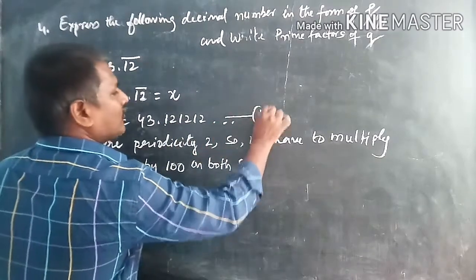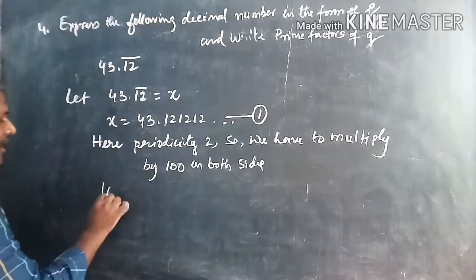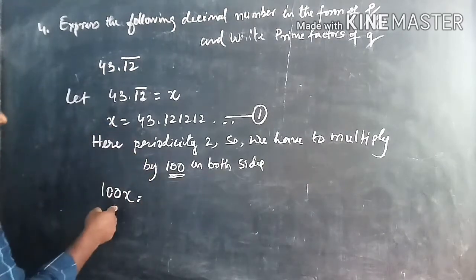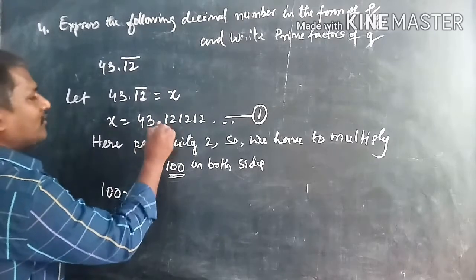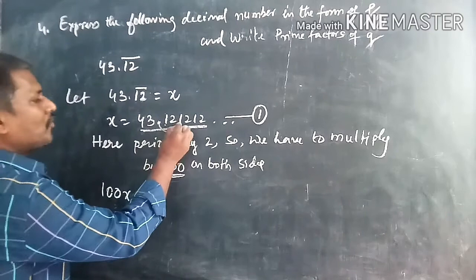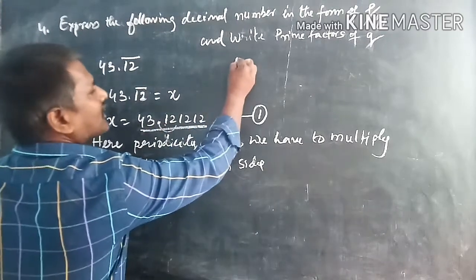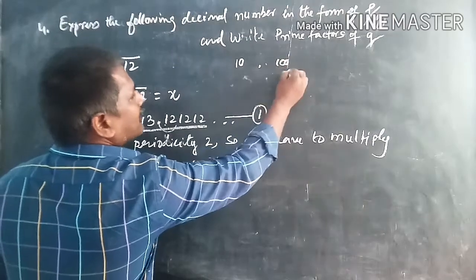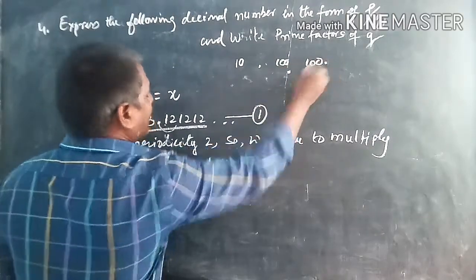Let it be equation 1. 100x is equal to, as 100 is multiplied on both sides, 100 into x. When 100 is multiplied to this decimal form, the decimal point has to move 2 places, because we already discussed that for 10 it is 1 place, for 100 we have to move 2 places, for 1000 after 3 places.